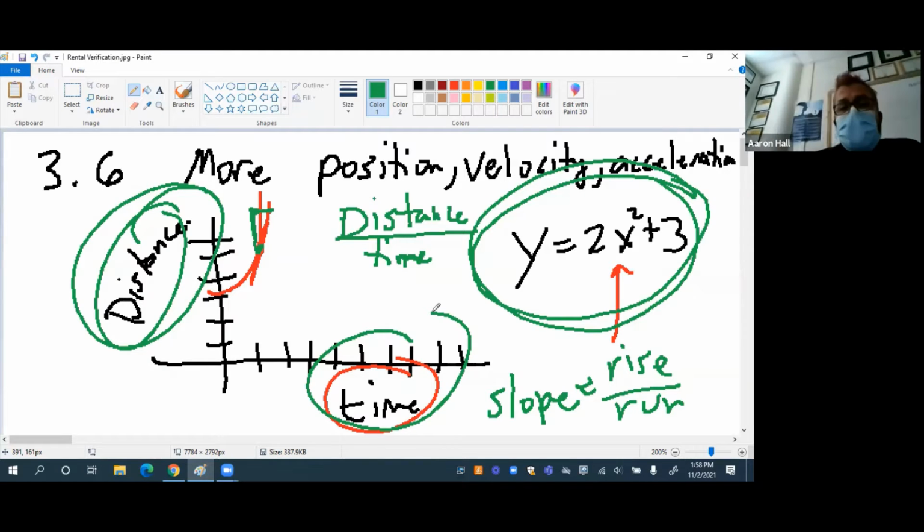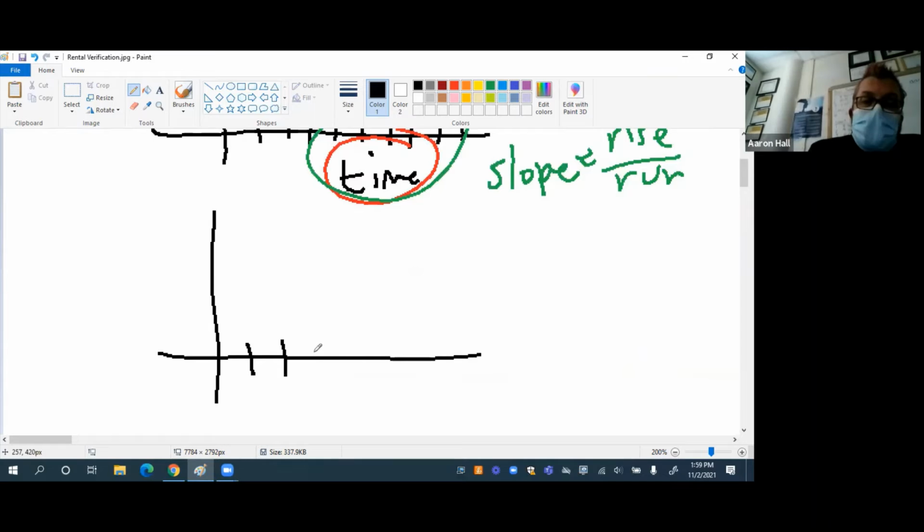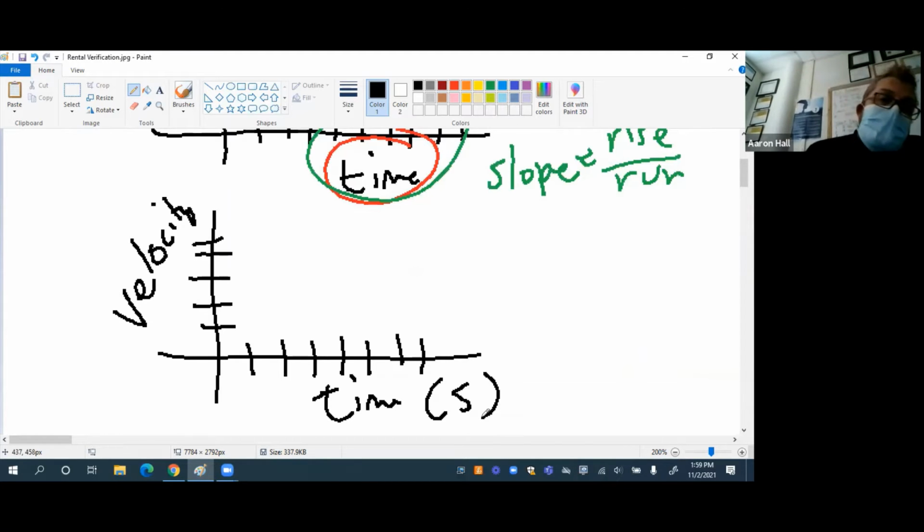Now let's consider another graph where this is time, and this is my velocity. Recall that time is measured in seconds, and velocity, let's say, is measured in meters per second.